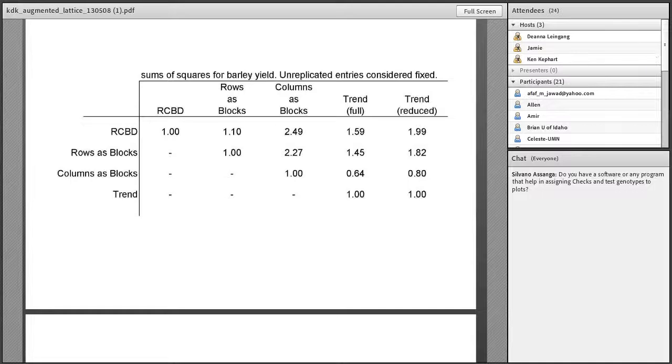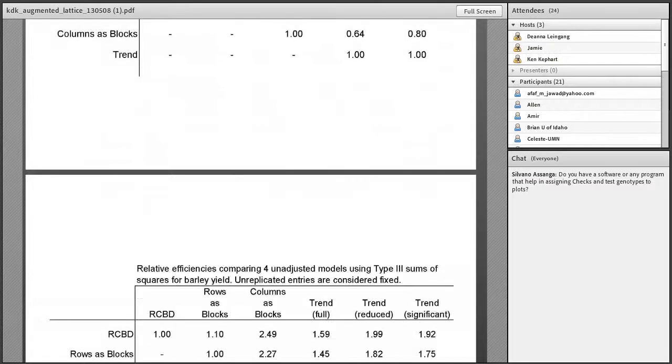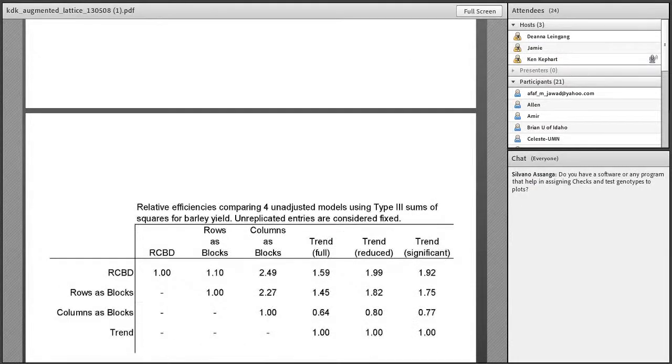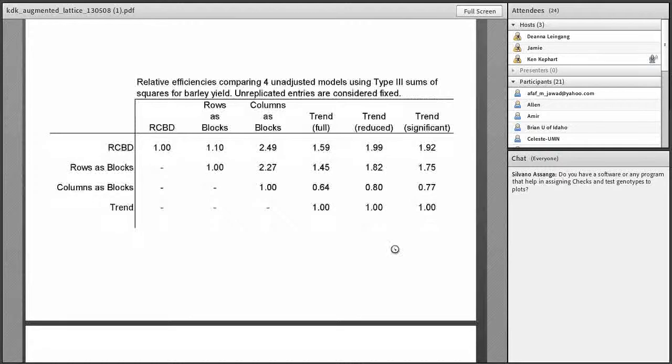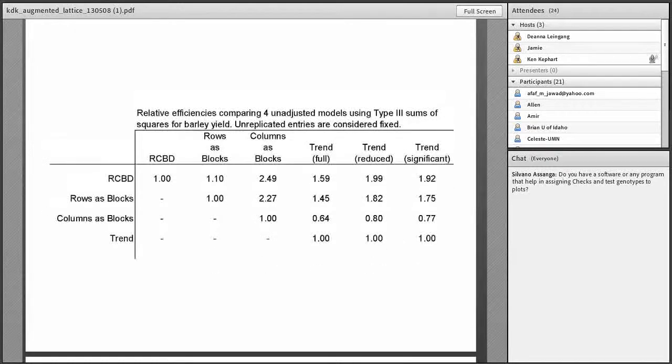And as you can see, by using rows as blocks, the relative efficiency compared to a randomized complete block only increased by 10%. And I was a bit surprised at that, because quite often when I grow a lattice in one of the other experiments, it's not unusual for us to see numbers that are at least 20-25% above what you would have in terms of efficiency for a randomized complete block.